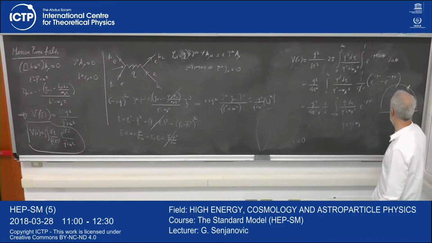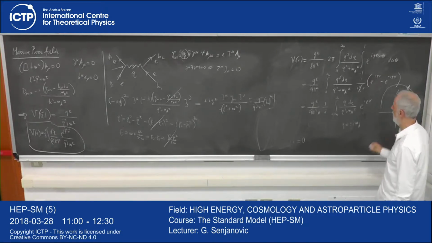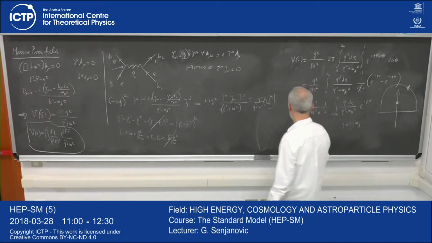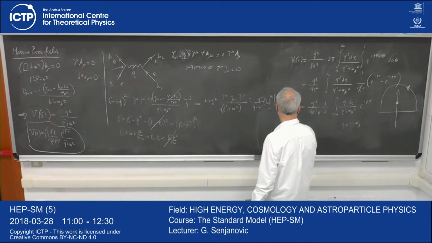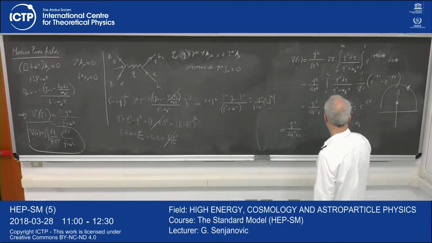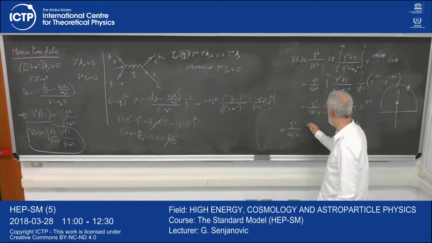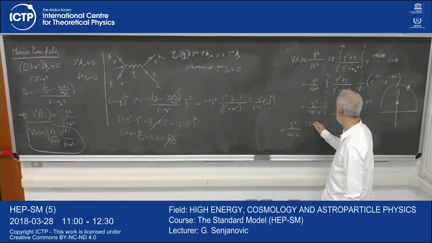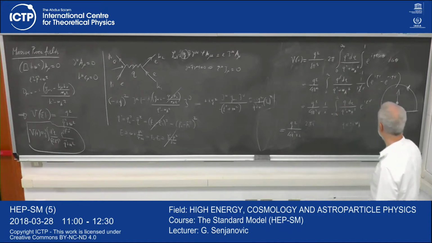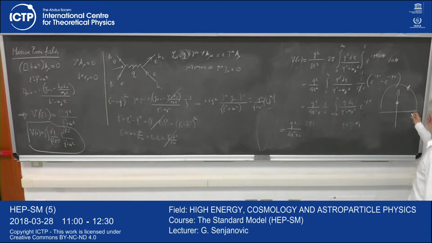So I pick up this pole. So what I get is g squared over 4 pi squared r, 1 over i. Then there will be 2 pi i. Okay, the sign is correct, so I have the plus sign.